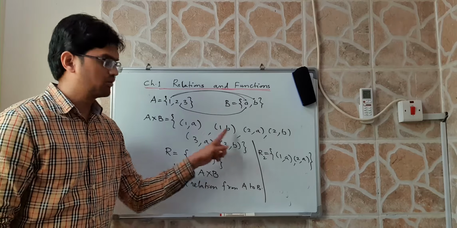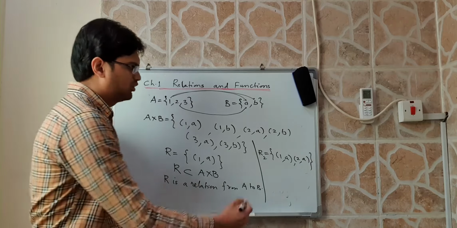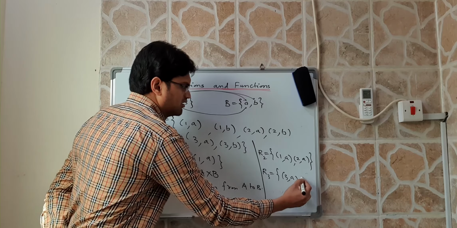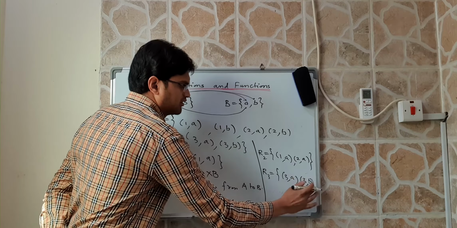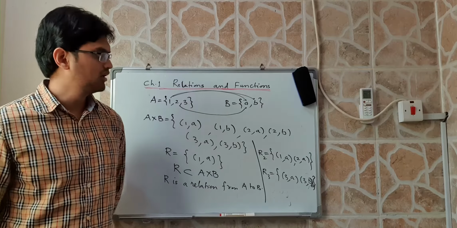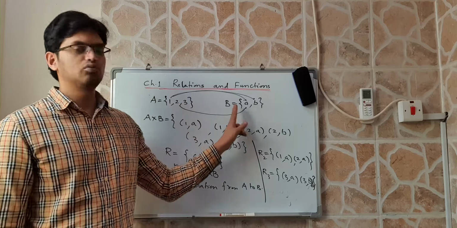It is also a part of A cross B, therefore R2 is a relation. One more example, R3, let us say (3, a) and (3, b). So R3 is also a relation. Now this is all about relations from A to B.